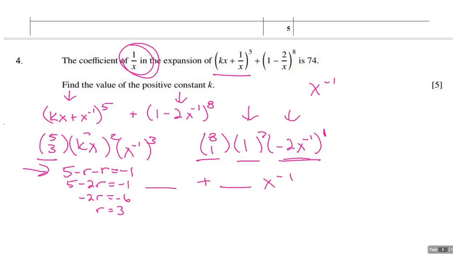So I'm going to get some number k squared plus this number. And again, we're not worried about the x, it's negative 1. And it's going to equal 74. And my guess is it's going to be another quadratic, which we'll have to solve and find out what k is. I'm seeing more of this recently in this kind of question.